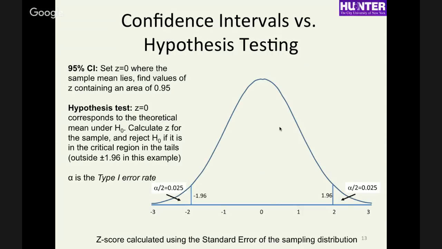So in the confidence interval framework, it's where does your sample mean? Does the H0 value fall within your confidence interval? And within the hypothesis testing framework, does your test statistic fall within the critical values of your test statistic?